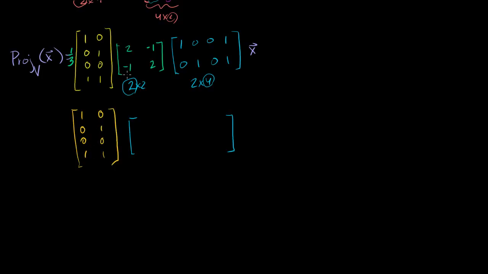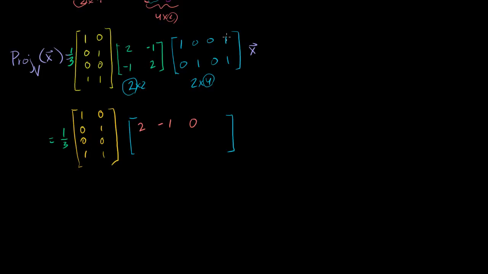And then I have the 1/3 that was from A transpose A inverse, but I put the scaling factor out there. And all of this is equal to the projection of x onto V. So let's do this product. So this first entry is going to be 2 times 1 plus minus 1 times 0. So that is just 2. Then you're going to have 2 times 0 plus minus 1 times 1. Well, that's minus 1. Then you're going to have 2 times 0 plus minus 1 times 0. Well, that's just 0.